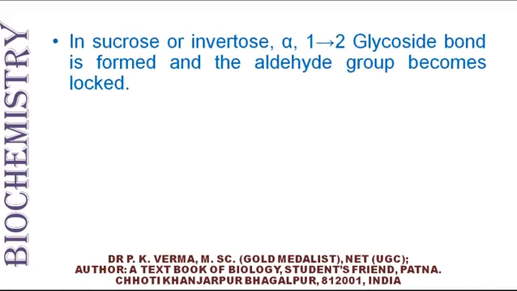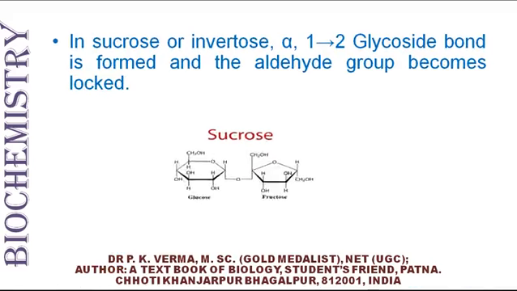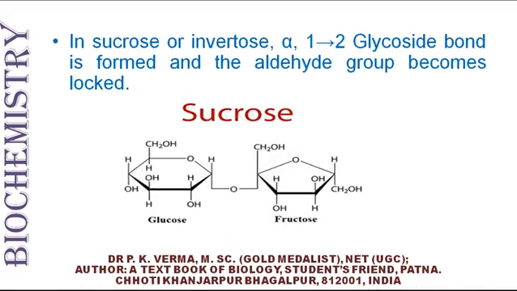In sucrose or invertose, an alpha 1,2 glycosidic bond is formed and the aldehyde group becomes locked, and therefore in neither unit is there reducing property. So sucrose becomes a non-reducing sugar, whereas maltose and lactose have the second unit reducing in property.